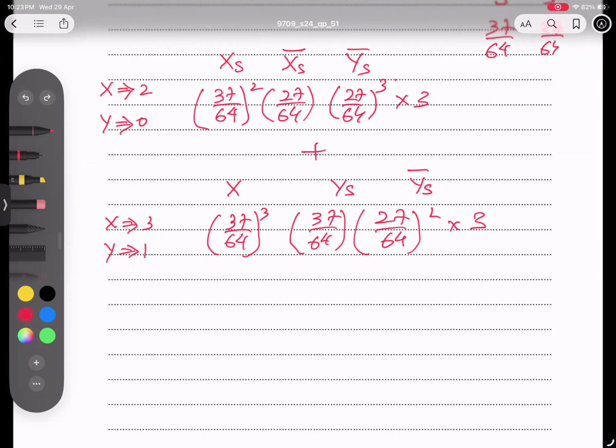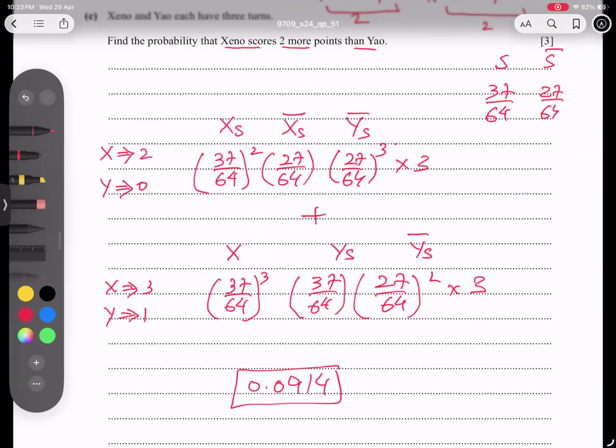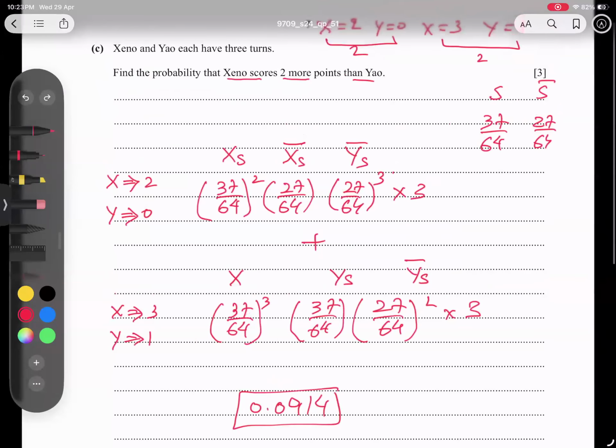Just a minute, students. Yeah. So the answer is 0.0914. I hope the point is clear. And this was a little tricky, the only tricky part, how to know how much you have to multiply. I hope you got the point, and the question is completely over.